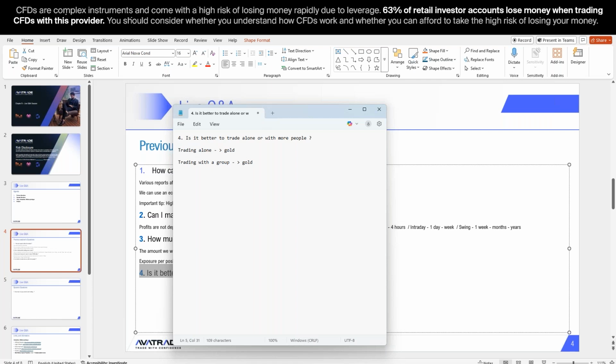Trading with a group can also be helpful, but it depends how we're using it. If I'm using the group as an inspiration, as an additional layer of analysis, excellent. I can still use it in my strategy, whatever the group is doing, but I have my own analysis regardless.